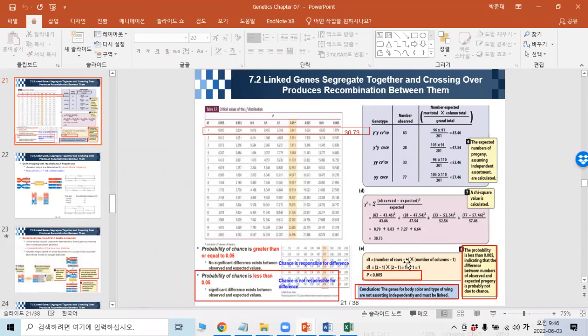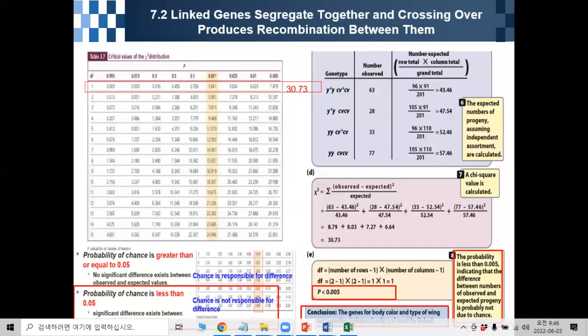Because previously we learned it, I did not explain it again. Before the midterm exam, I explained how to calculate the chi-square number, and it is exactly the same as before. We have this number, 30.73, and the degrees of freedom will be 1, so they are located here.